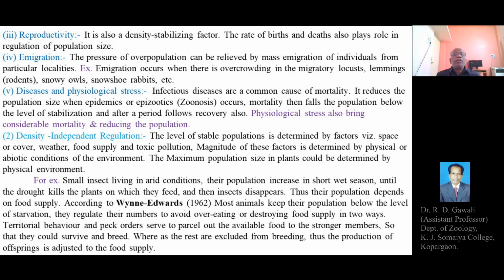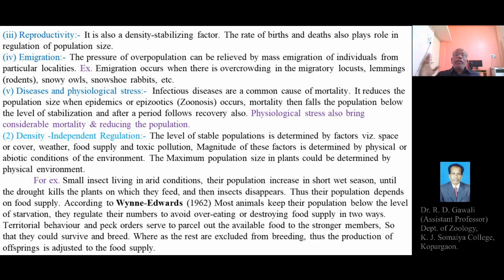So emigration occurs when there is overcrowding in the migratory locust or lemmings or rodents or snowy owls and the snowshoe rabbits. So these are examples of migratory organisms which show emigration whenever there is overpopulation or an excessive number in a respective area.